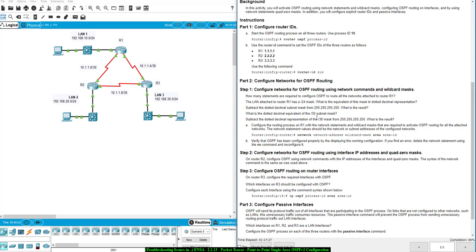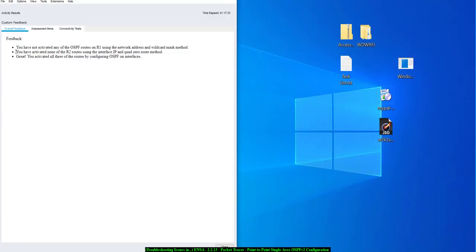So it looks like I'm going to look at his results. He has 66% right now. Up here, notice he's got this part right, so that's router 3, I believe. You've activated all 3 routes by configuring OSPF on interfaces. What he still needs to correct though, this is router 1: you have not activated any of the OSPF routes on router 1 using the network address and wildcard mask method.